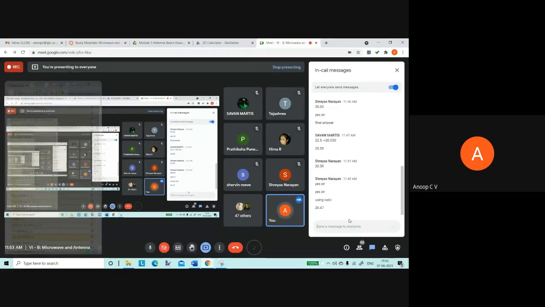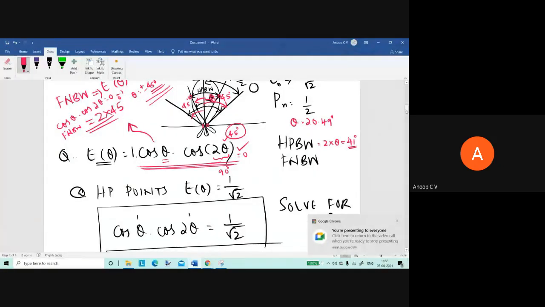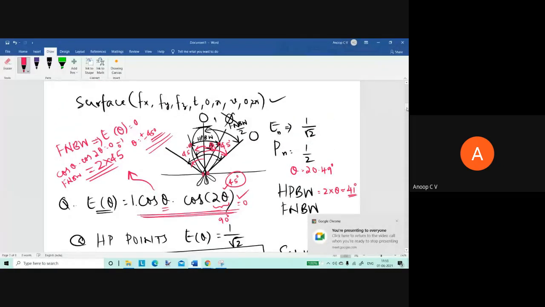One more thing to keep in mind, and this is a crucial thing where you will make mistakes: if it is a field pattern, you should equate it to 1 by root 2 if normalized, or Emax by root 2 if it is a simple field pattern. If it is a normalized power pattern, it is 1 by 2, or else Pmax by 2.